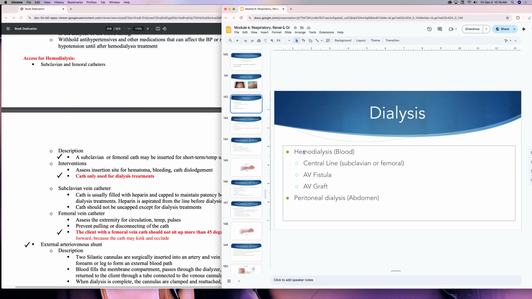For hemodialysis, you have 3 major types of access: a central line, AV fistula, or AV graft. A central line is basically an IV. An AV fistula is surgical, where the surgeon sews together an artery and a vein. And an AV graft is when the surgeon uses a synthetic device to connect an artery and a vein.